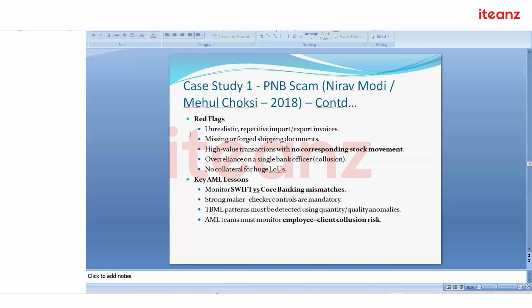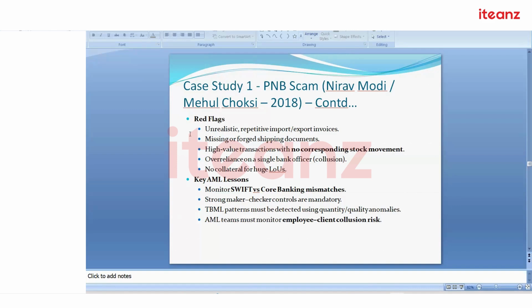You should not ask again what a red flag is. When I say red flag, you have to understand that some suspicious activity has happened, like a red light signal in traffic.